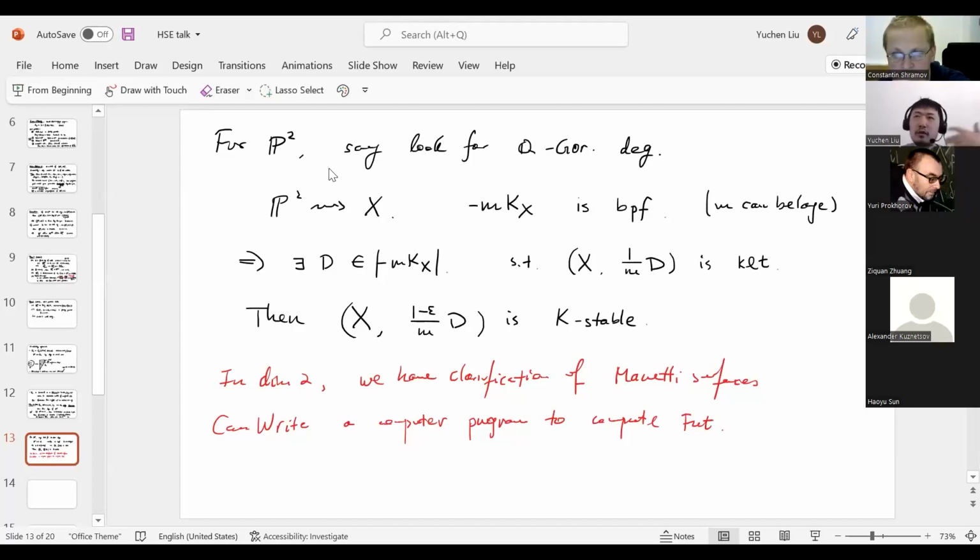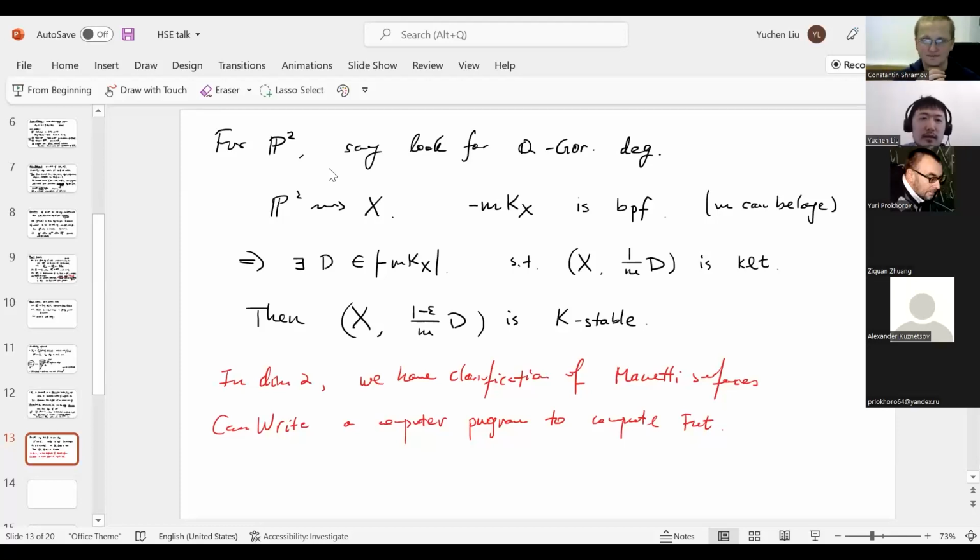So you can find all the pairs sitting on the wall, because if you have a pair on the wall, then it carries a G_m action. So it's not some arbitrary surface. It has to carry a G_m action. Then your Futaki invariant becomes easier to compute.